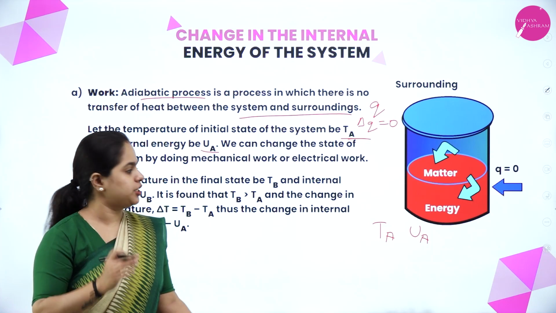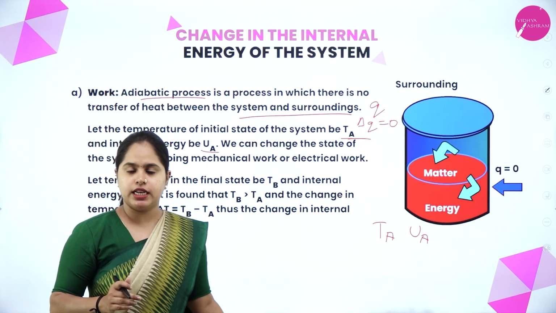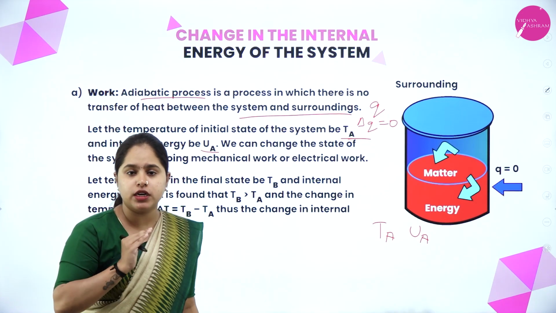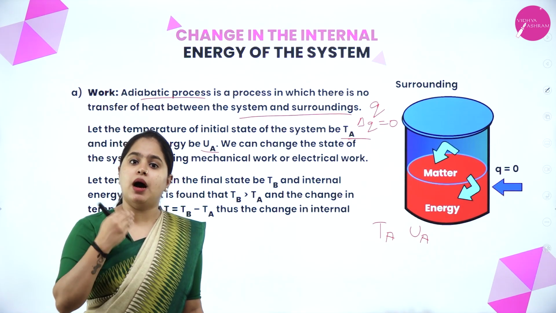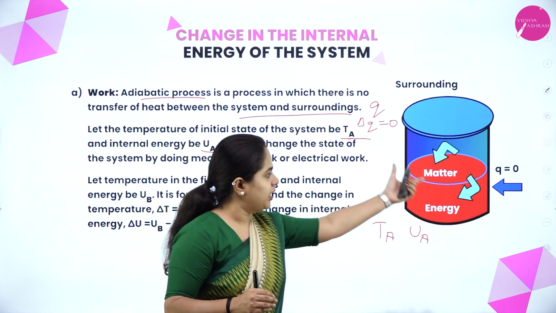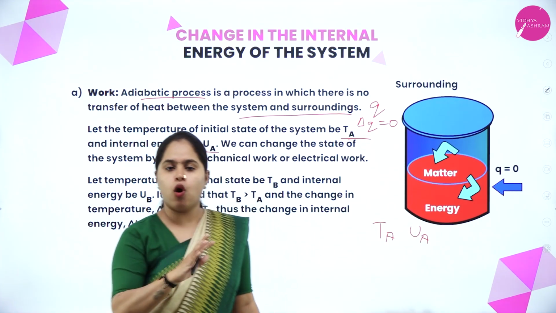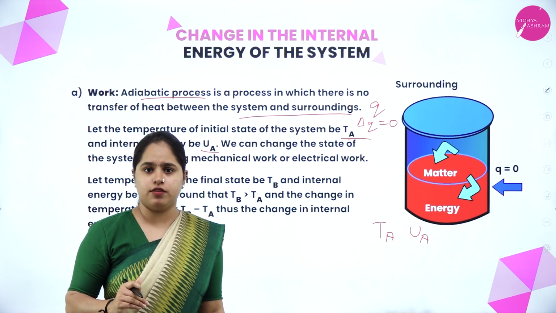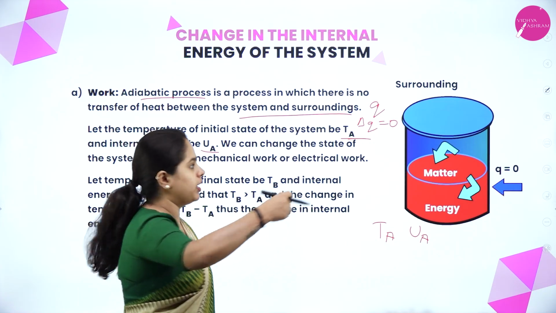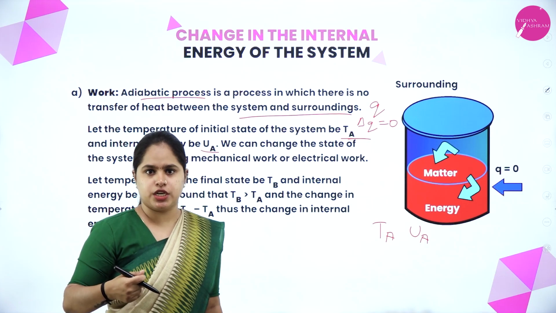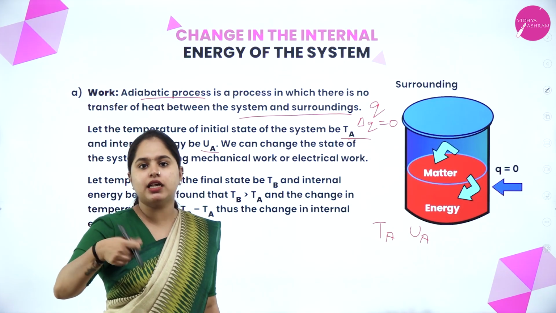Initially the temperature and internal energy were TA and UA. Now I am going to do work on the system. This can be mechanical work or electrical work. Let's consider there is water inside this tank. Mechanical work means I insert a rod there and continuously stir it, so mechanical work is happening.